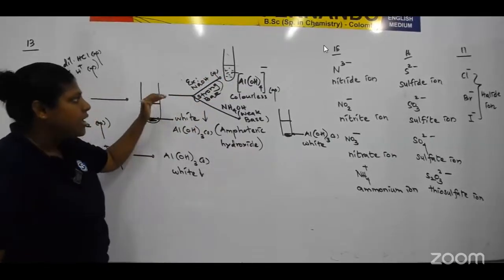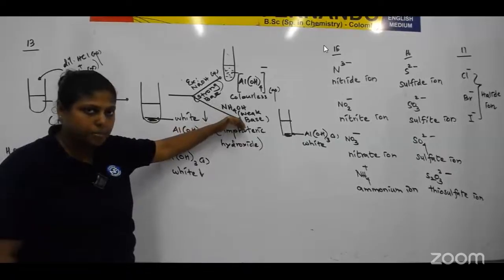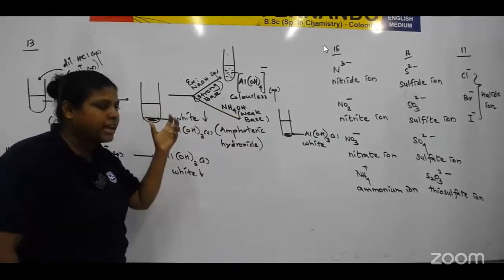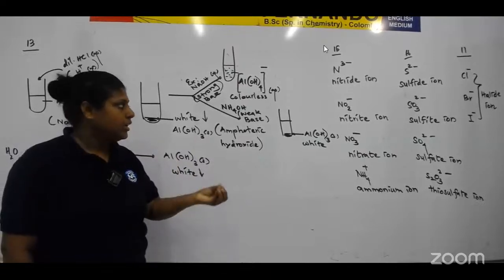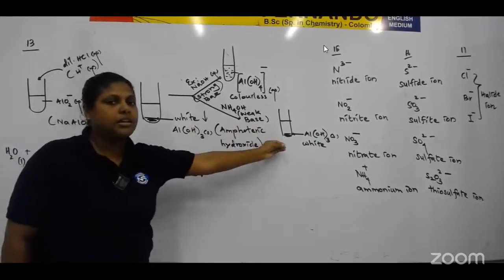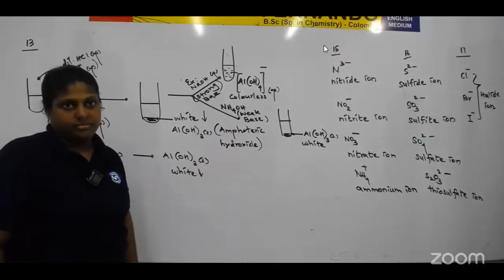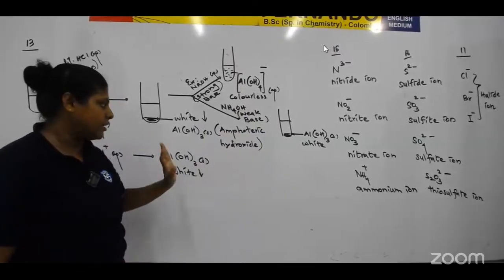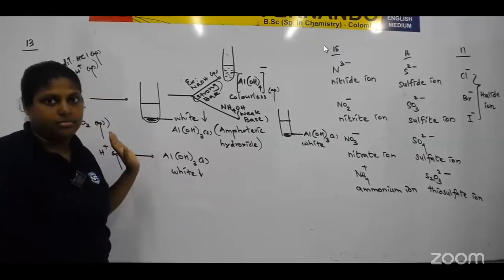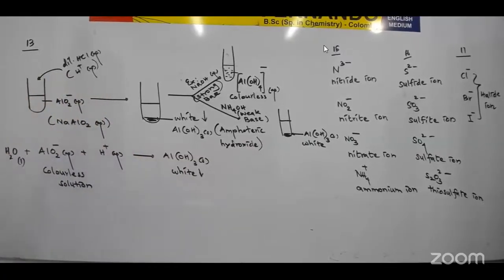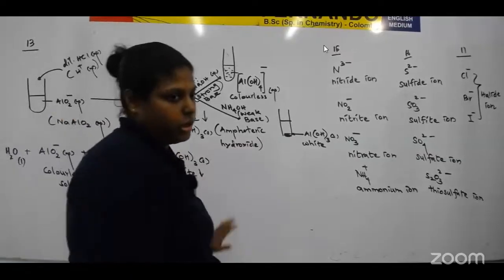Even if we add ammonium hydroxide as a weak base, the precipitate persists without dissolving. The white precipitate remains constantly. By that we can confirm that there is aluminium hydroxide. Please note down all this.